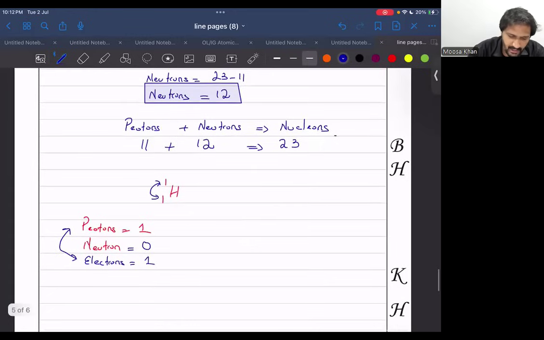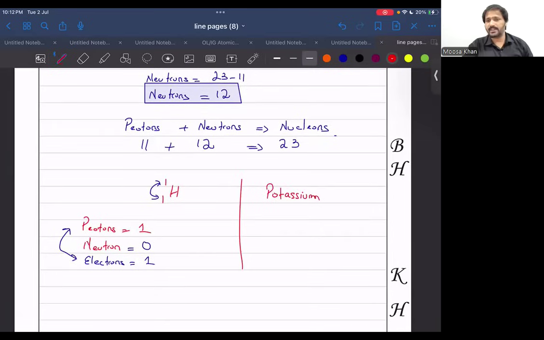For example, if I give you potassium atom, a potassium atom has a symbol K. I am seeing it from the periodic table. You don't have to memorize it. Okay? The atomic number of potassium is given to be 19, which is written at the top of the symbol of potassium, and the nucleon number is 39. So can you tell me the number of protons in the nucleus of potassium?